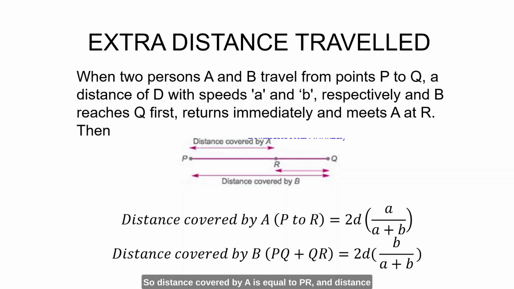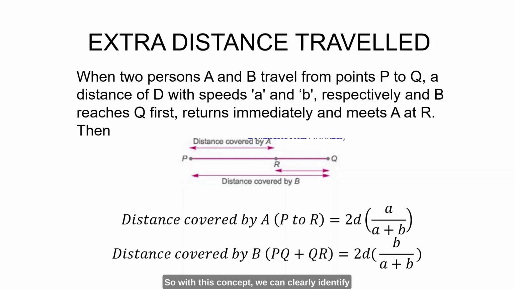So distance covered by A is equal to PR and distance covered by B is equal to PQ plus QR. So distance covered by A, PR, is equal to 2d times a by a plus b. Similarly, distance covered by B, that is PQ plus QR, is equal to 2d times b by a plus b.